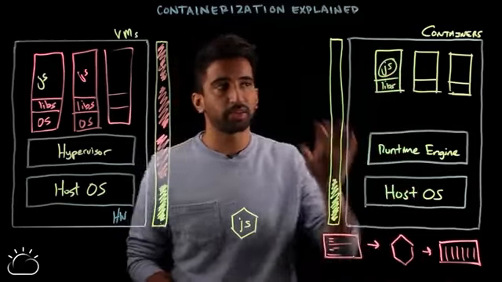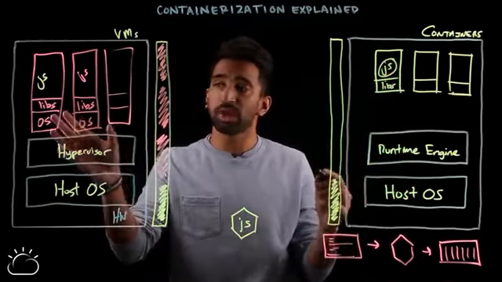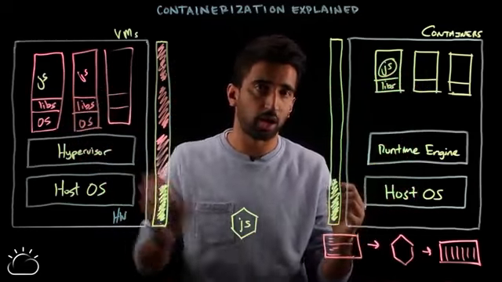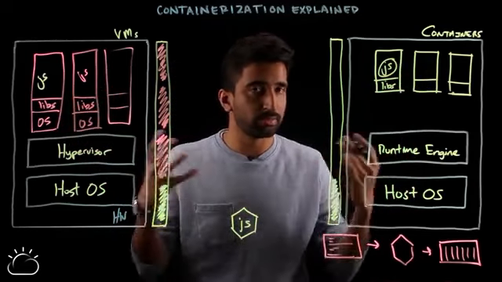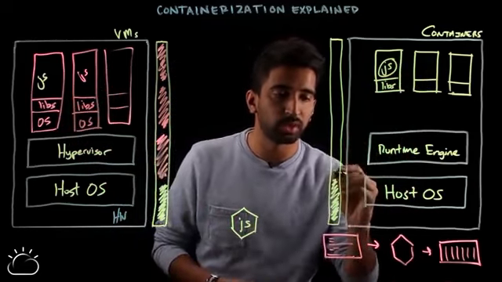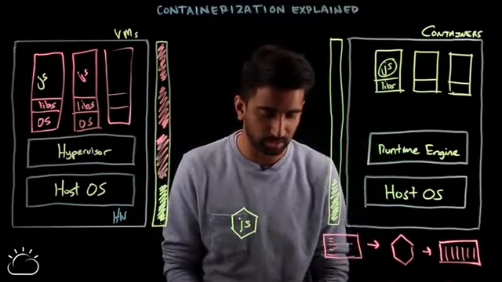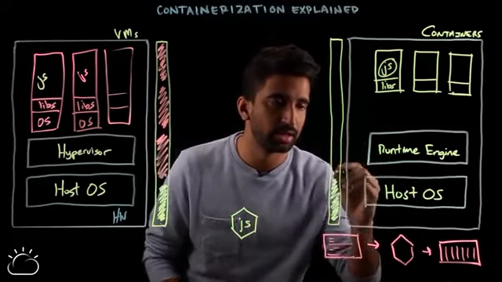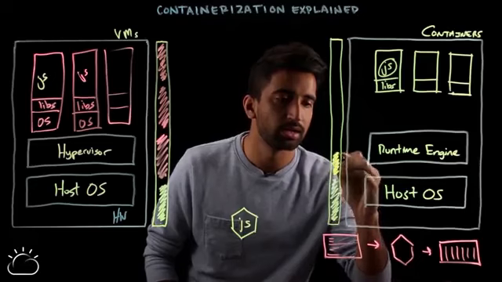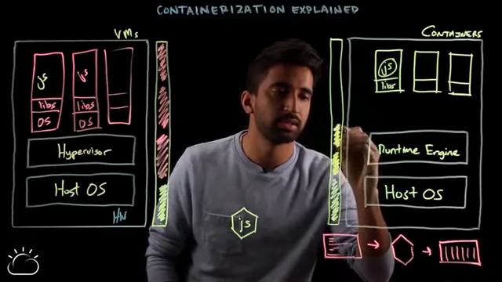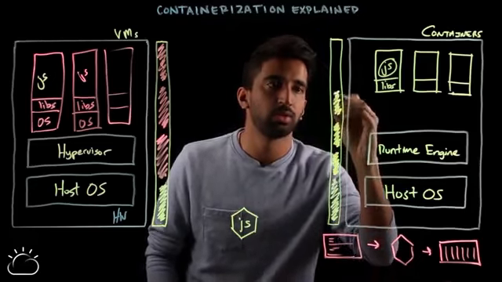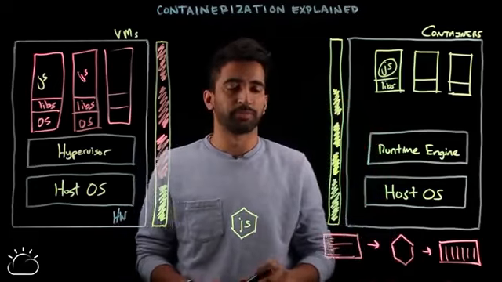So we've scaled that out 3 times, and because we don't have to duplicate all of those operating system dependencies and create bloated VMs, we actually will use less resources. So choose a different color here, and scaling that out 3 times, we still have a good amount of resources left.